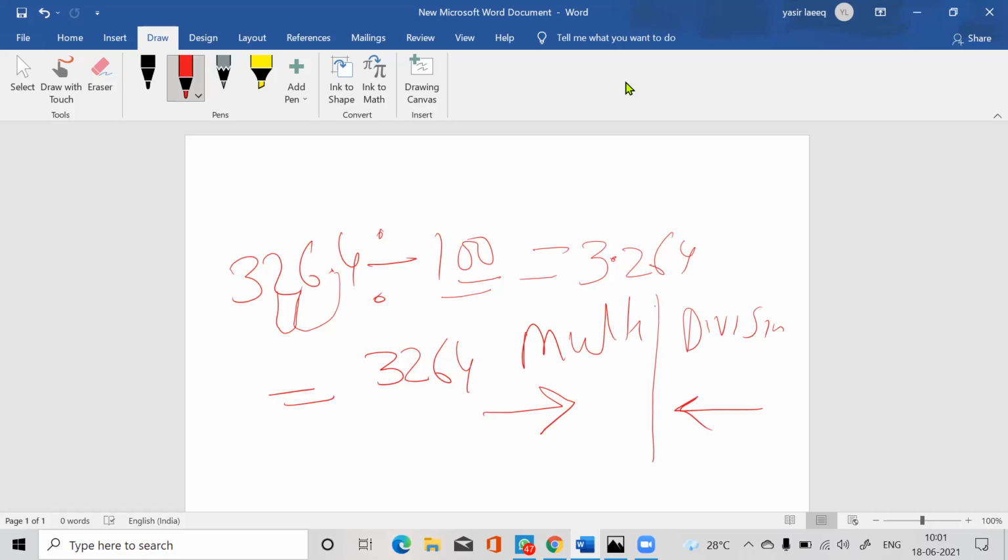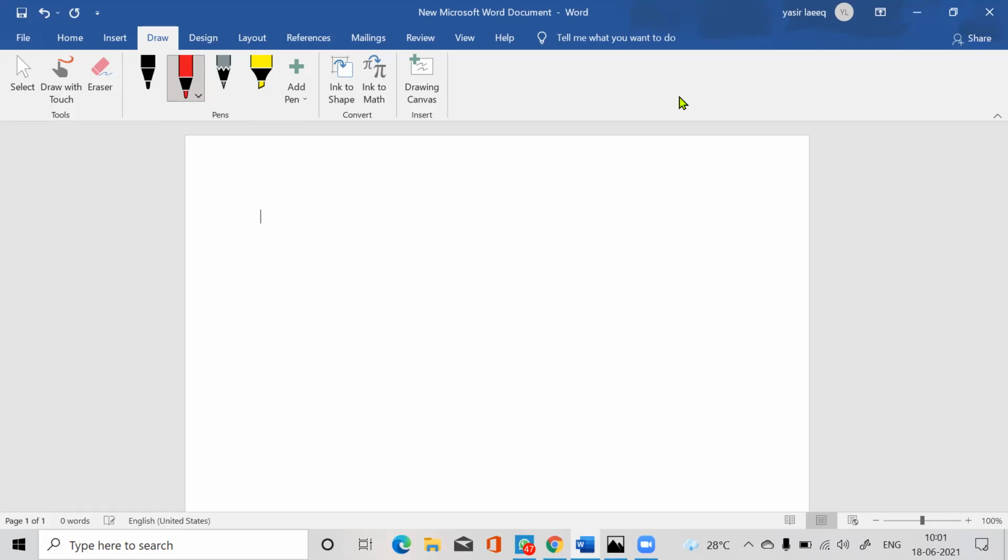Now come to another case, division by a natural number. For example, it is given that 336.8 is divided by 23. We have to do it the same way as we were dividing earlier.